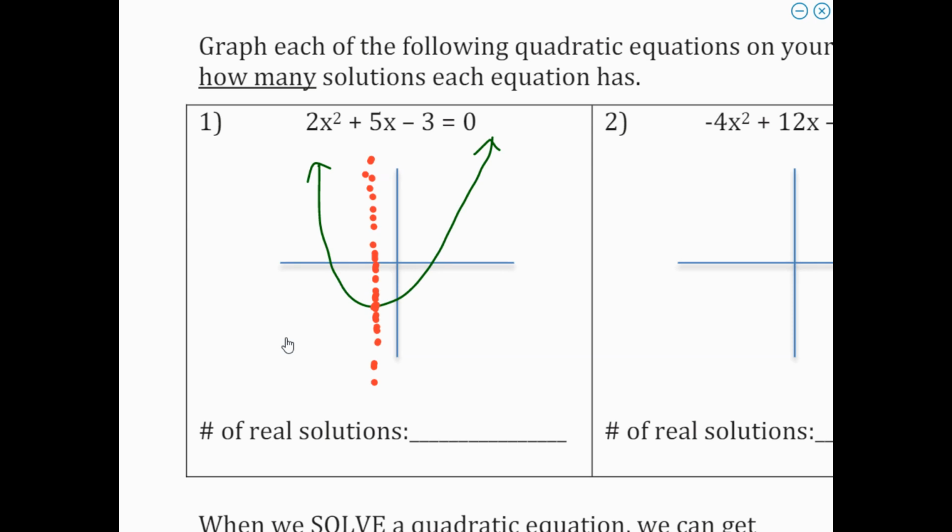Okay, so where are the solutions? What do we mean when we say solutions? The solutions are the points that what? On the x-axis specifically. So they're your x-intercepts. So your solutions are the x-intercepts, guys.